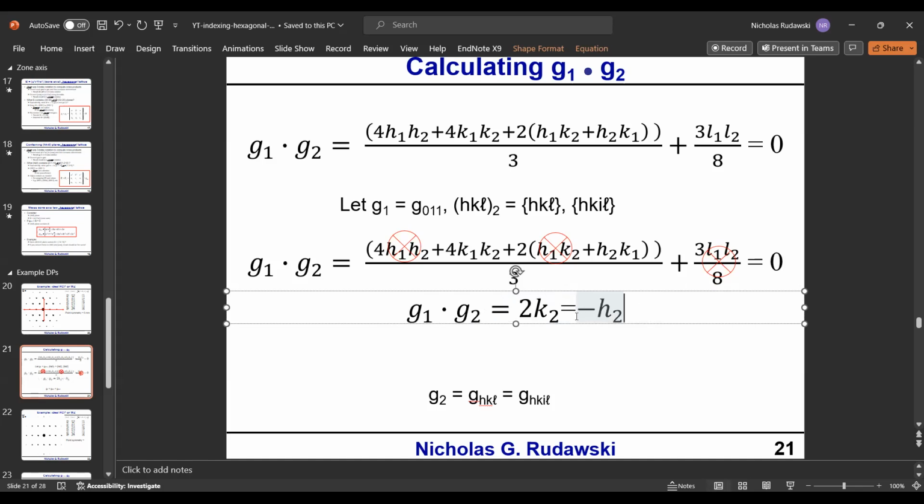So this is our constraint. Our constraint says that 2 times K2, actually let's move the minus over here, just so we put everything on one side. Let's leave it this way.